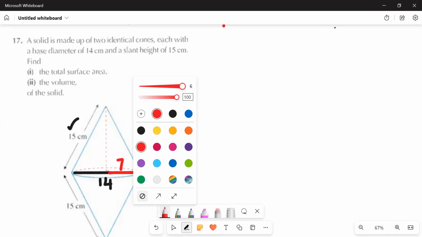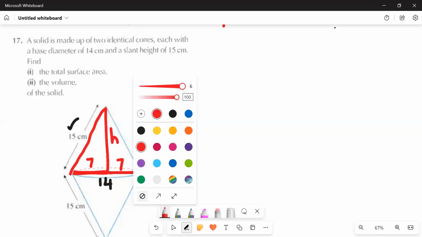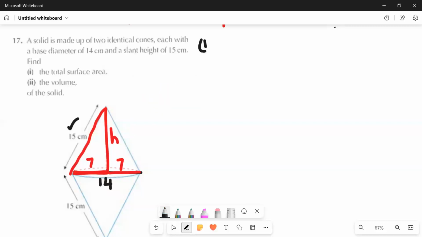So according to this, its slant height is given, and this is also 7. So we will take this triangle and find the height by using Pythagoras theorem.